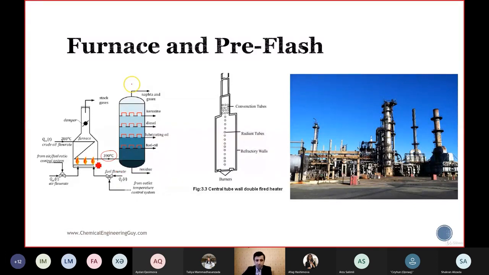Pre-flash can be like this. As you can see, we have the furnace, and then it is sent to the column. Let's say this is the main column. I can add here a pre-flash column.